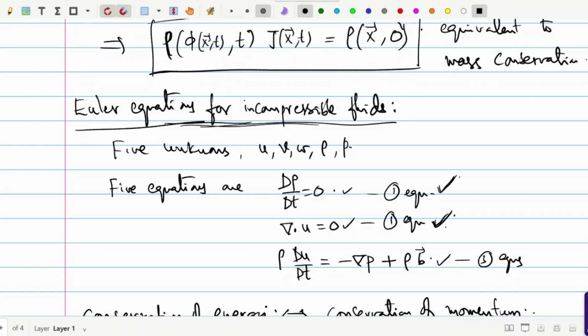So the extra equation here is del dot u equal to 0, the one I'm making a tick mark on, which comes from your definition of incompressibility.